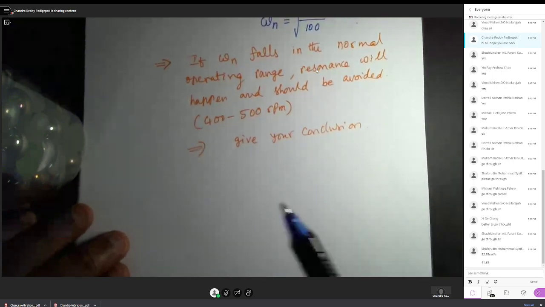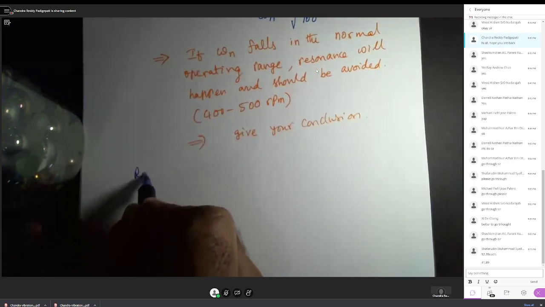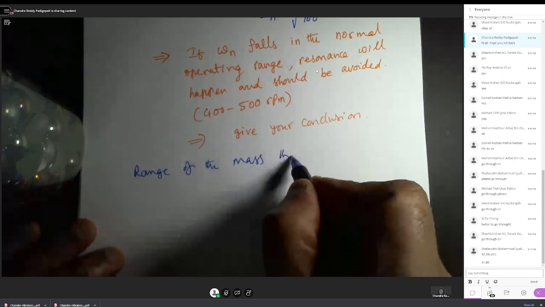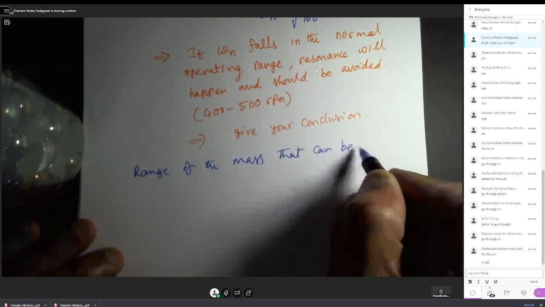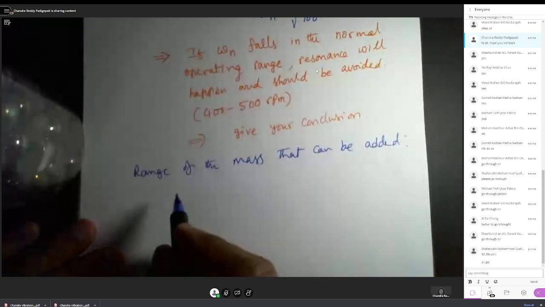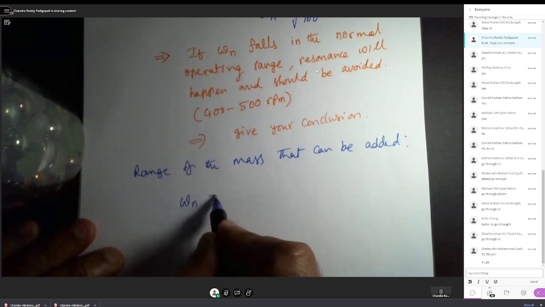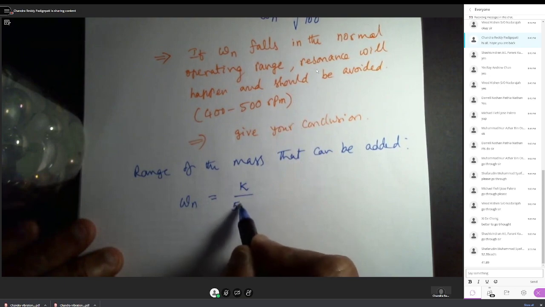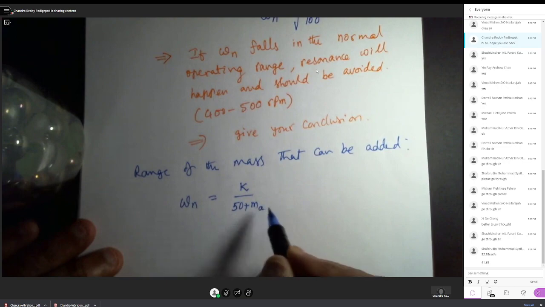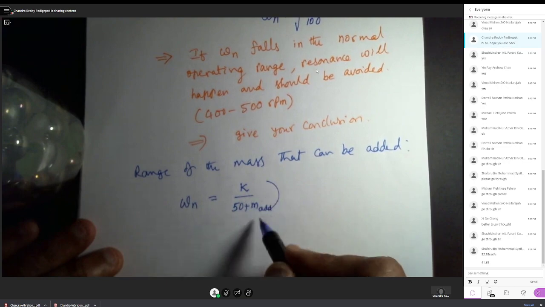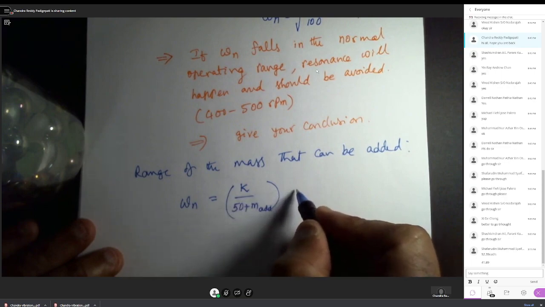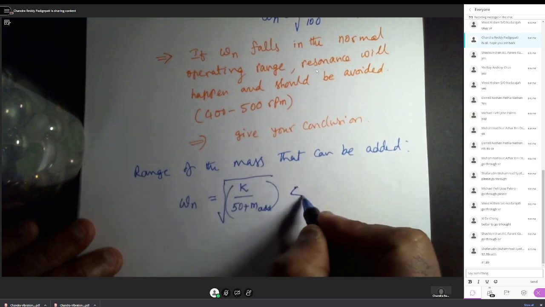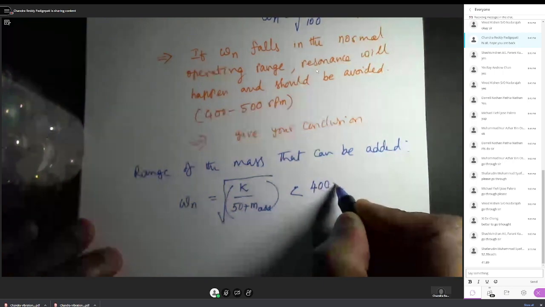You need to make sure that the natural frequency, the square root of K, whatever value you calculate, over 50 plus whatever mass you can add, should be less than 400 RPM.